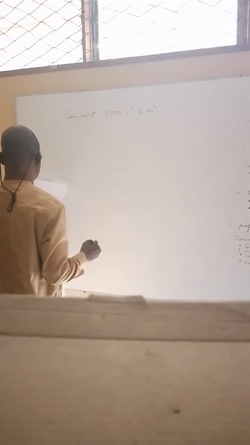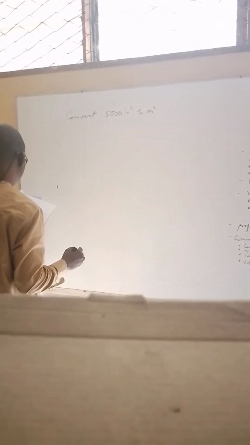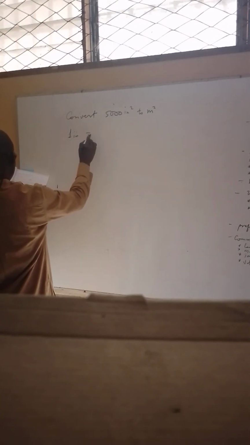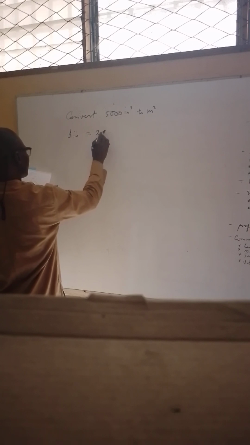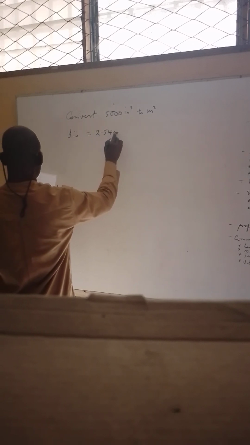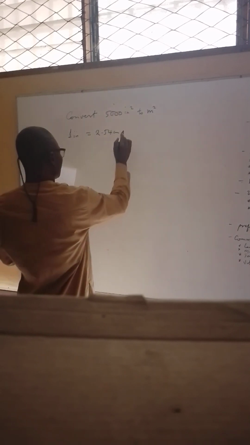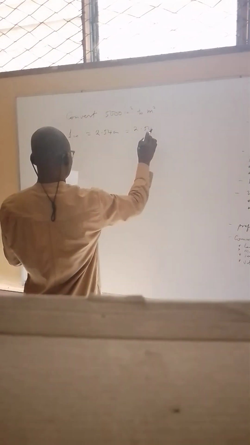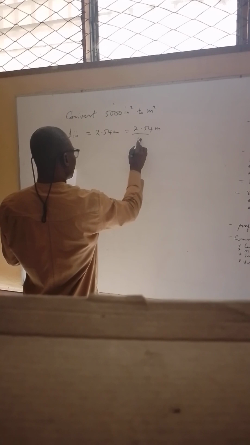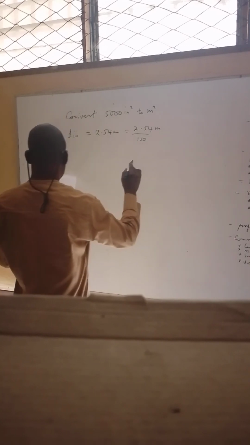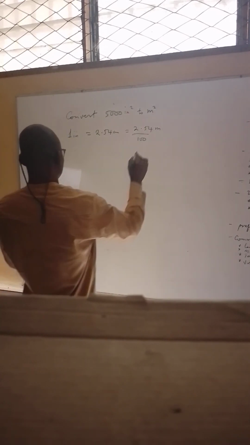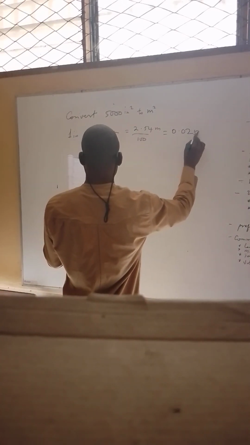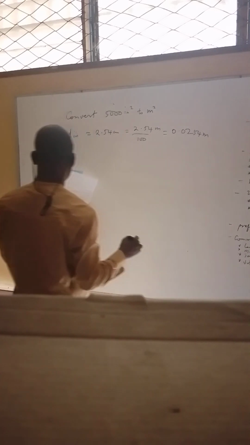We have that 1 inch is equal to 2.54 centimeters, which is equal to 2.54 meters over 100, which is equal to 0.0254 meters.